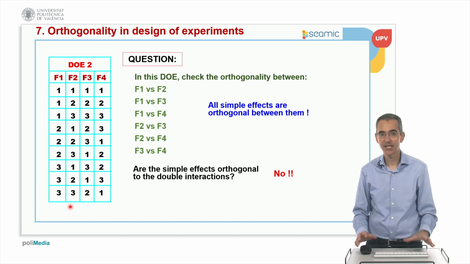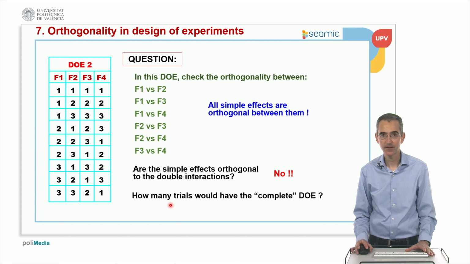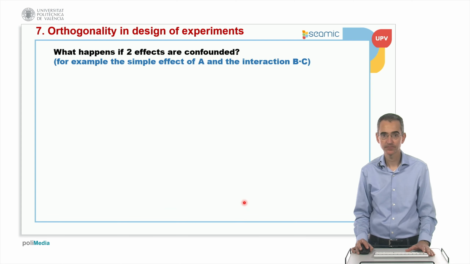Just with 9 trials, we have this good property. We can study the simple effects. We cannot study double interactions. But anyway, this is a good design. How many trials would the complete design have? 3 power 4, which is 81. So just 1 out of 9 of the trials were carried out.